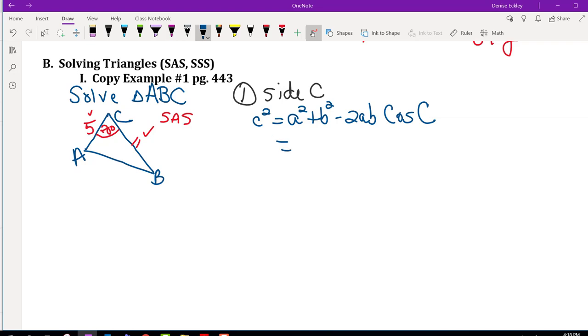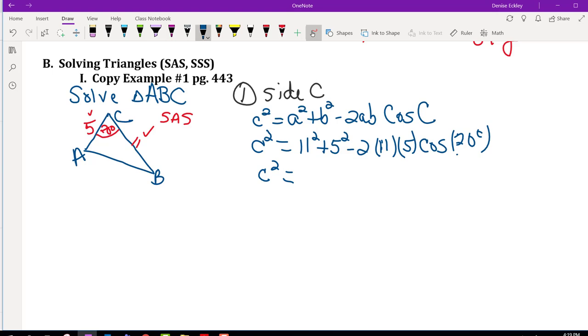So c squared is going to equal 11 squared plus 5 squared minus 2 times 11 times 5 times the cosine of 20 degrees. When you multiply that all out, you get 42.63, and then you take the square root of that.